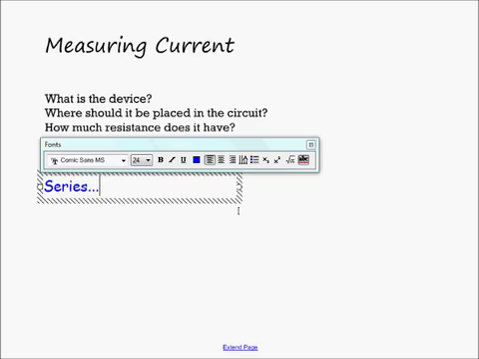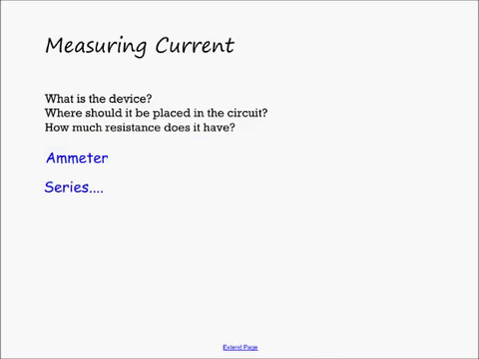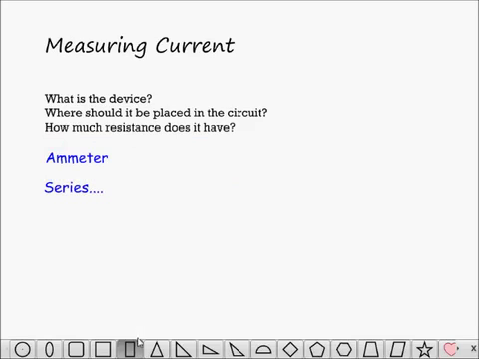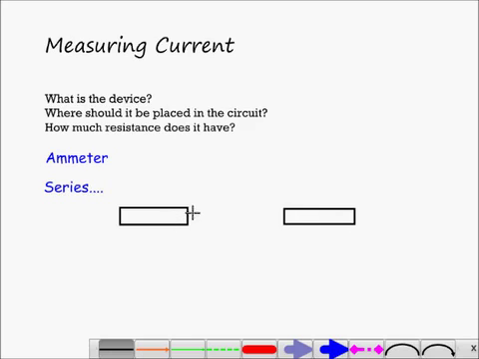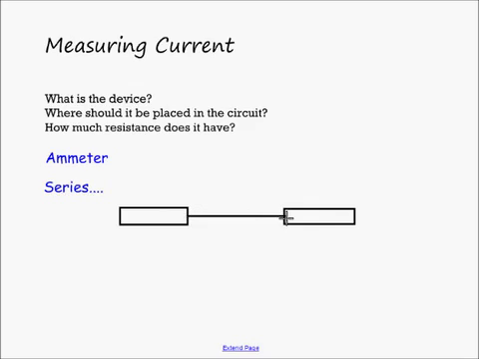So what does that mean? Well, let's say we had a resistor like this and another resistor like that, and let's just connect them up with some wires. Now I want to measure the current at this point here in the center. To do that, I actually have to physically break this circuit.